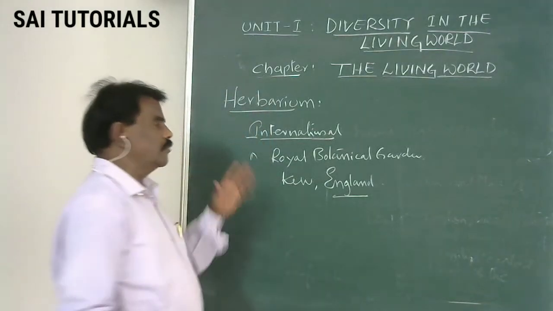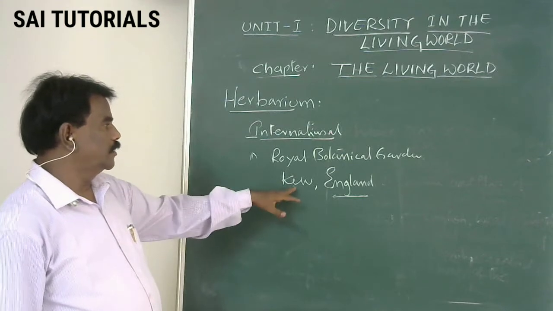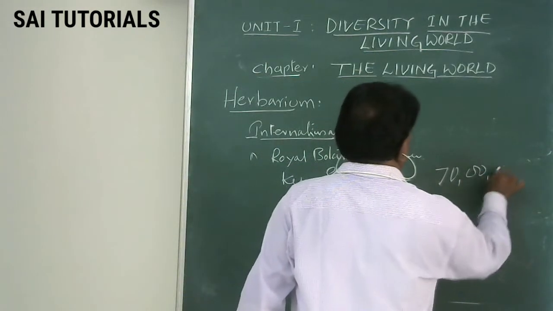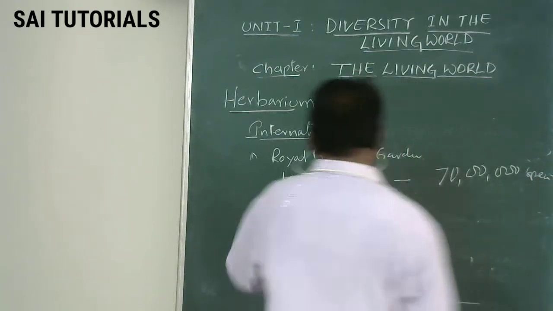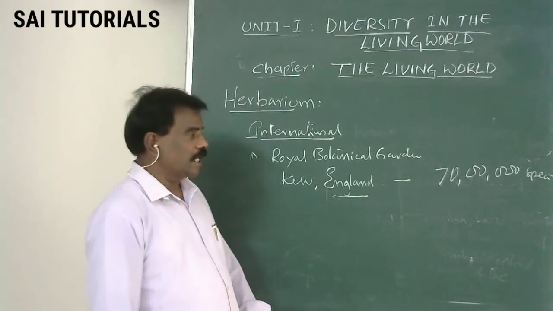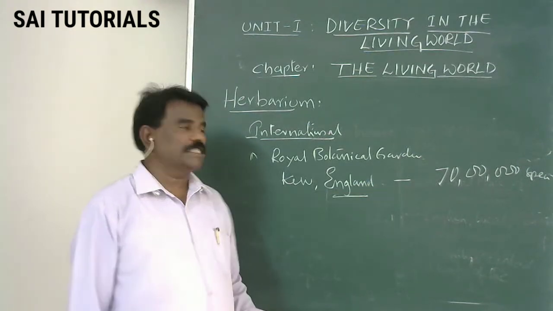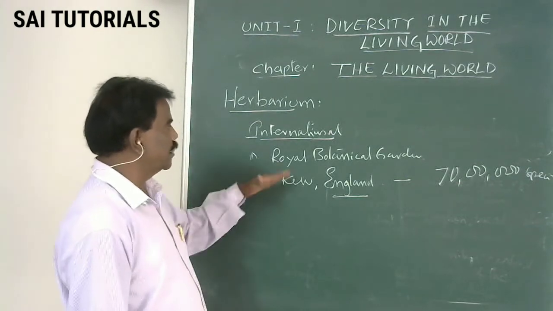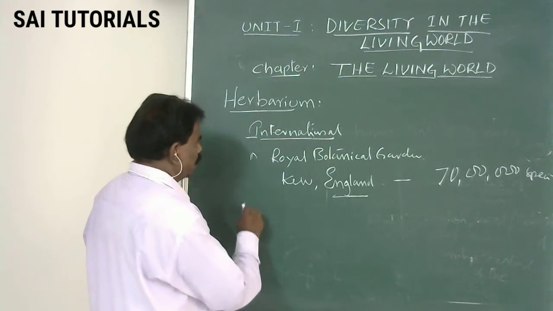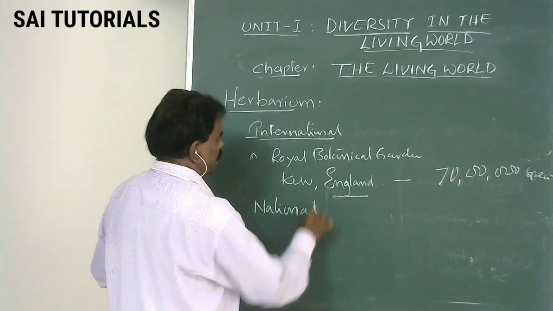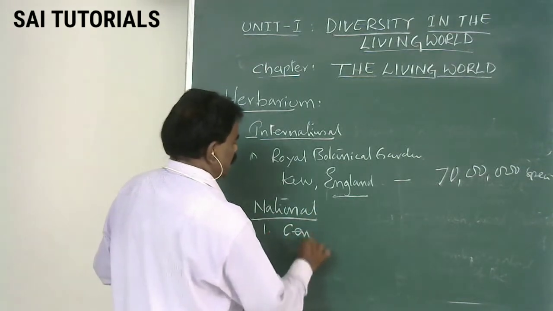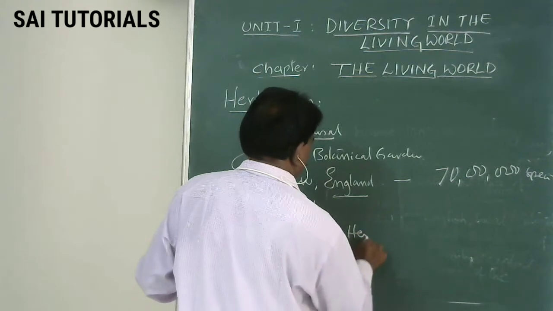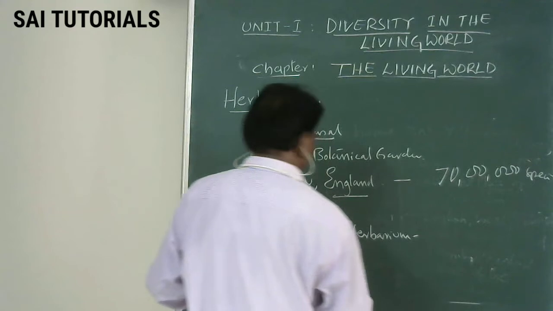This is the largest botanical garden, and it maintains nearly 70 lakh plant species as herbarium. And nationally, in India, one is the Central Herbarium, which is in West Bengal.